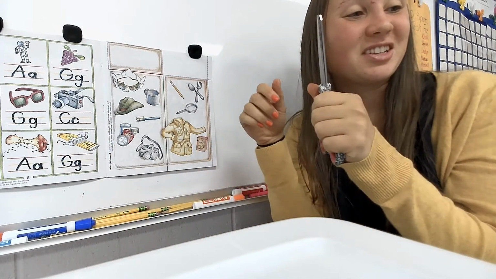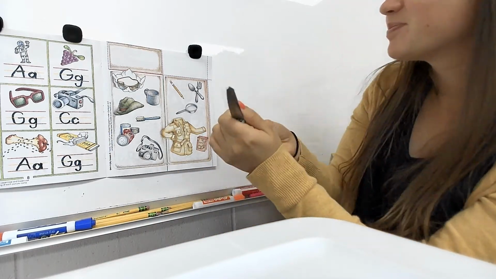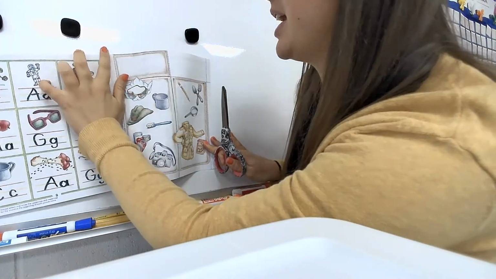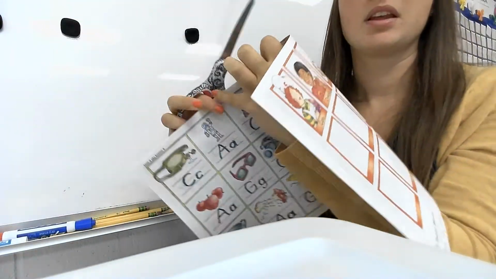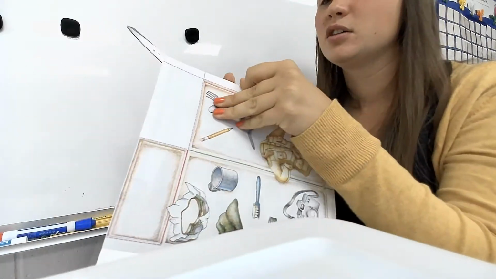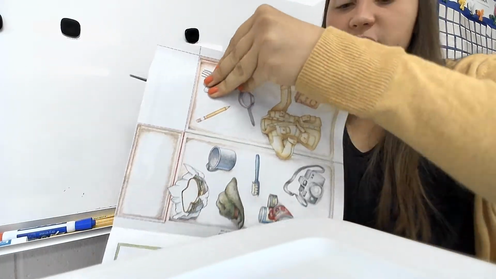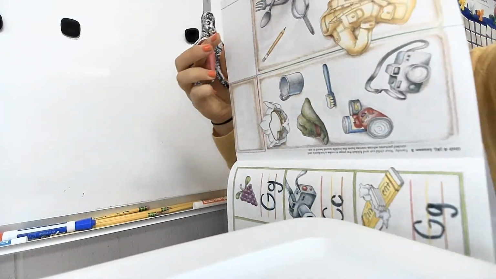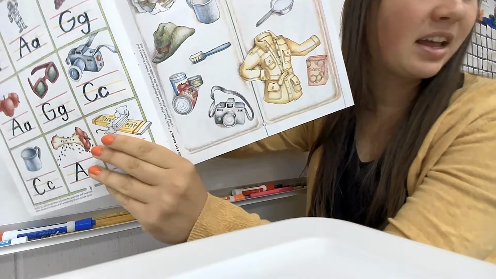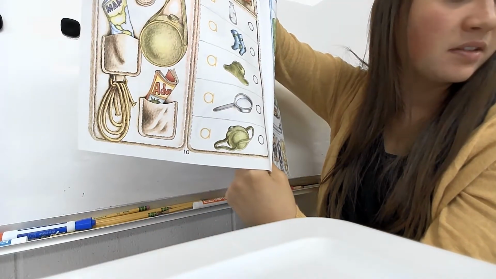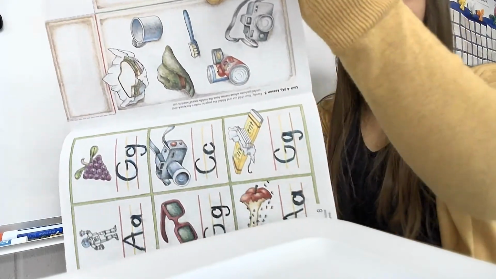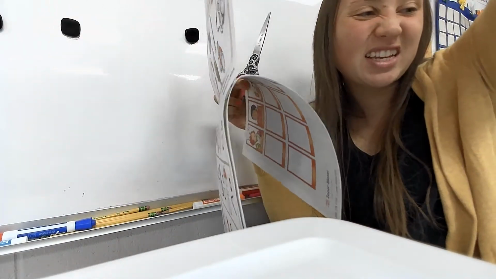So go ahead and grab your scissors and listen carefully before you start cutting. Don't cut yet, just watch me. You are only going to cut, first of all, page 9 and 10. So grab just that sheet, just page 9 and page 10, because you don't want to cut all the rest of your pages like this.